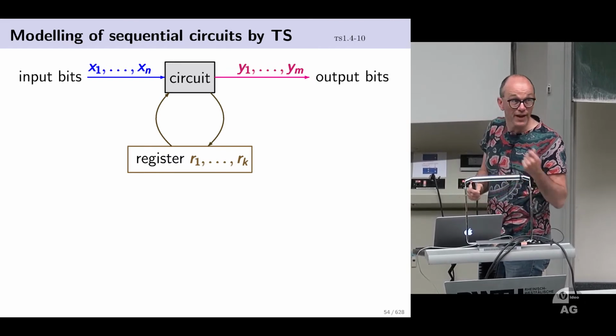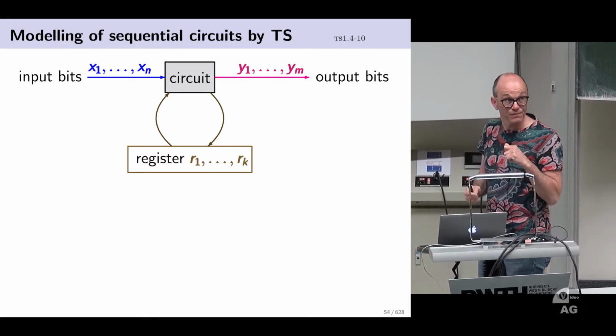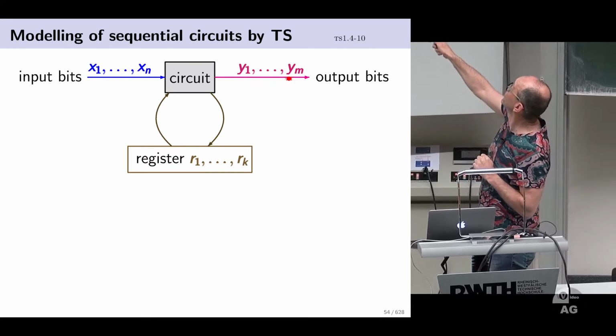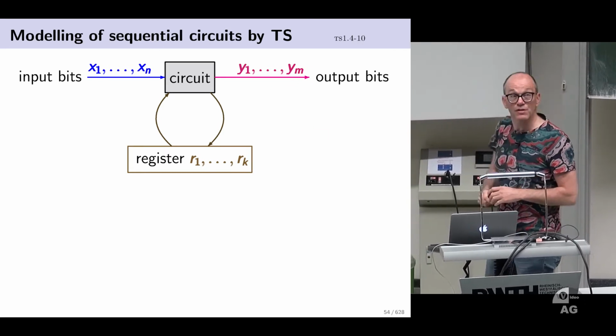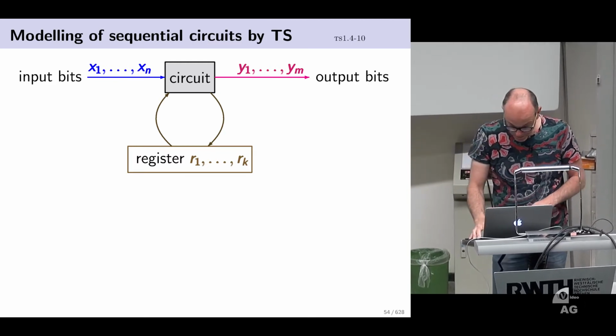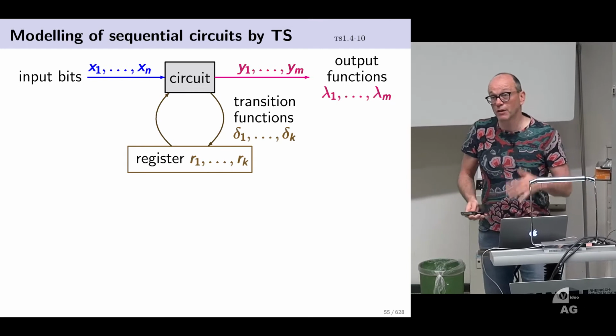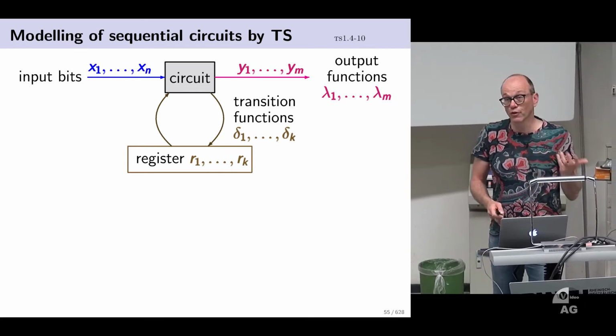They store values, and these values are again Boolean, 0, 1s. And this circuit has output bits, in my case m output bits, y1 to ym, and again they are bits, 0, 1s. I'm going to describe the behavior of this hardware circuit by means of 2 things.